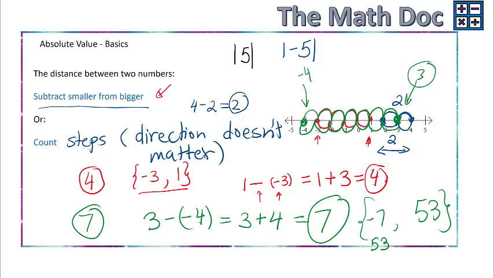We can say 53, which is the larger number, minus -7, is equal to 53 plus 7, which is just equal to 60. So counting the steps is a very clear and obvious way of measuring the distance between two numbers on the number line, but subtracting the smaller from the bigger is really a more practical thing to do.